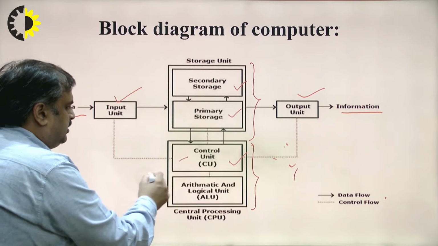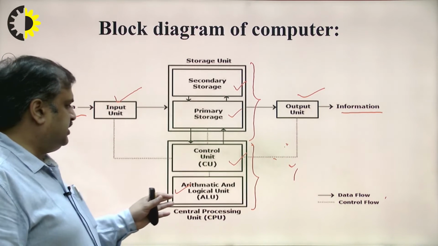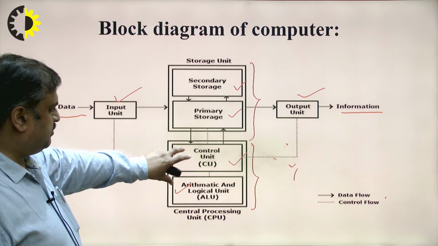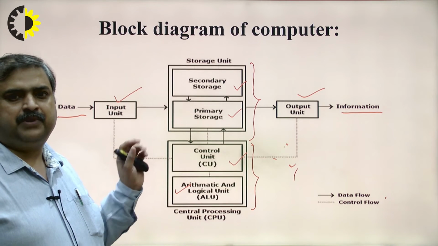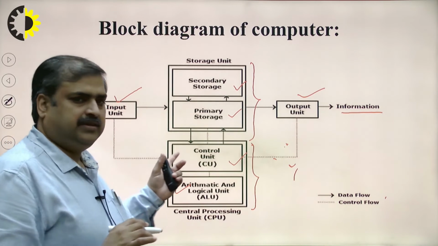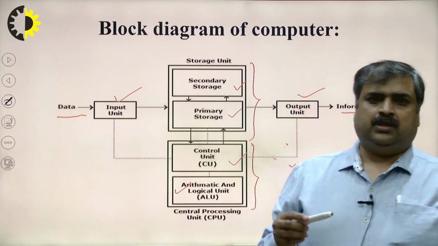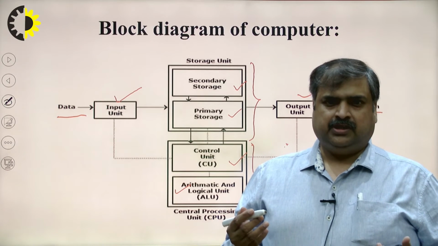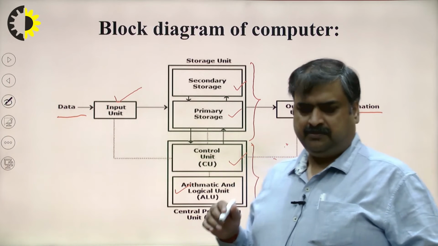One is the control unit and another is the ALU, arithmetic logic unit. So these units perform processing, and this processor can access only the primary memory. Primary memory is accessed by the processor directly. The secondary memory, whenever used, has its data copied into primary memory and then accessed by the processor.